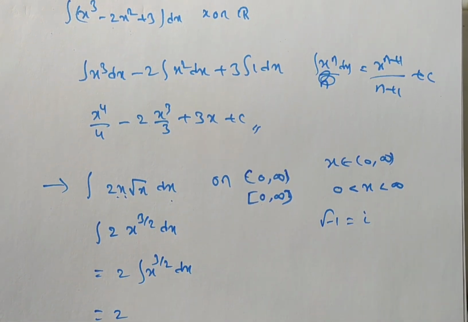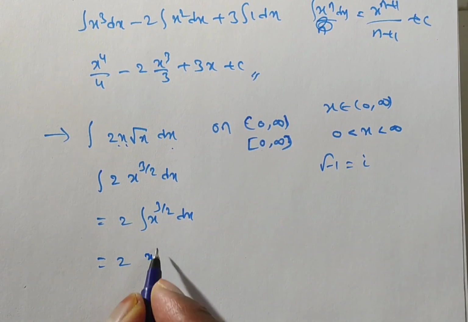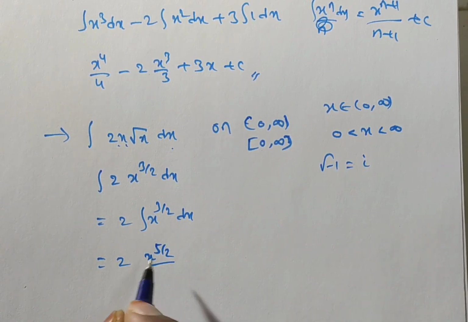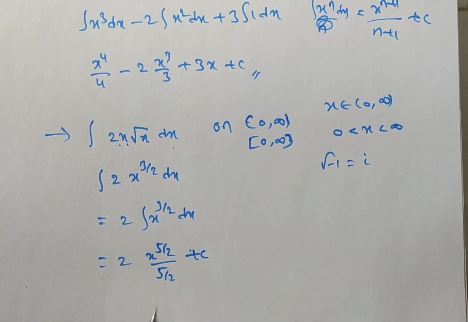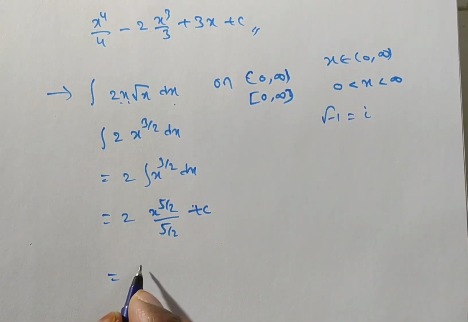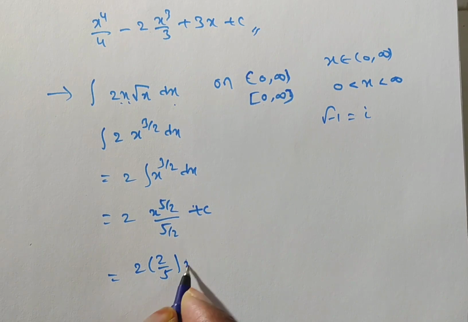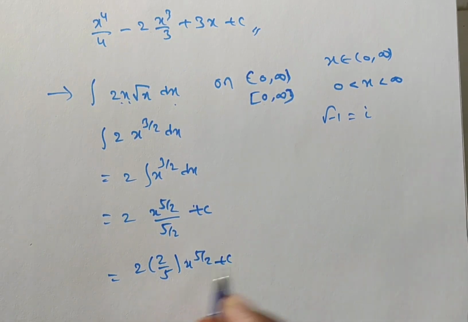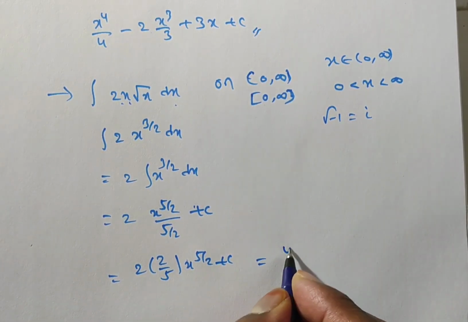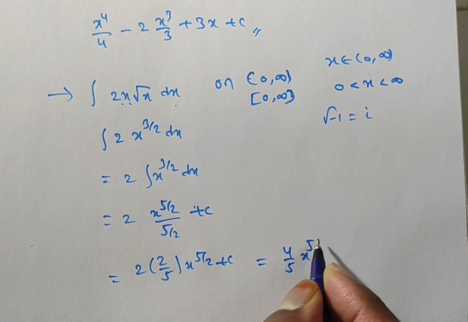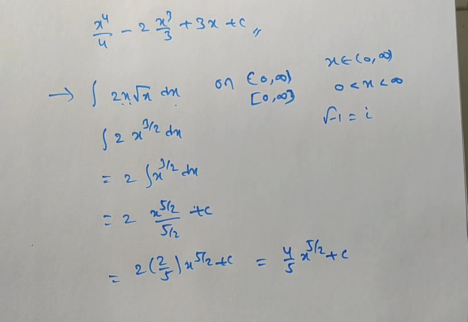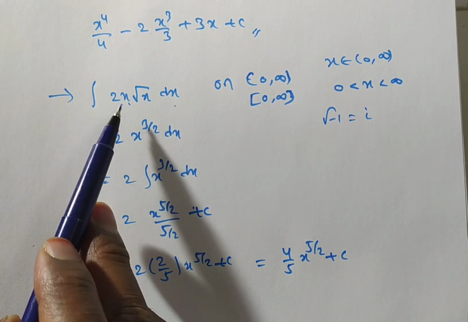The integration of x power 3 by 2 is x power 5 by 2, that is 3 by 2 plus 1 is 5 by 2, divided by 5 by 2, plus c. So you can write this as 2 times 2 by 5 into x to the power of 5 by 2 plus c. So 2 times 2 is 4 by 5 times x to the power of 5 by 2 plus c. This is the value of the integral of 2x into root x.